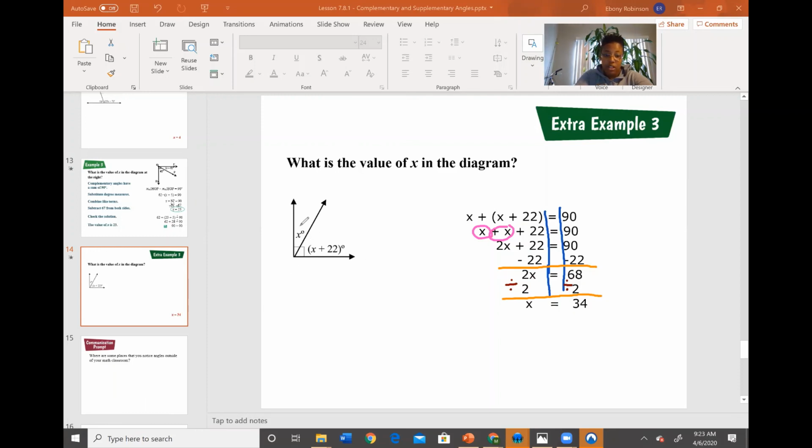So this one right here is going to be 34. And then if I can figure out what 34 plus 22 is, that's going to be 56. Now I'm done. So that's the kind of work you're going to be doing.